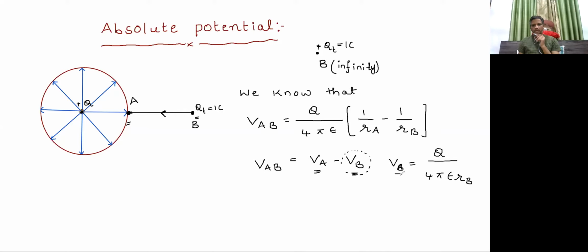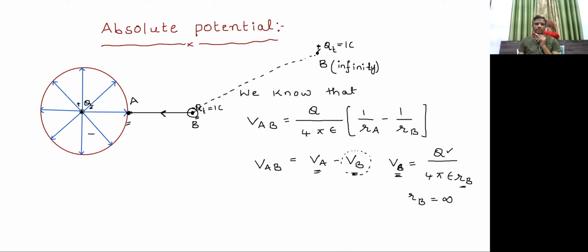We cannot make Q 0 because Q should be there to create the electric field. So to make this VB 0, the only option is that we have to make RB equal to infinite.